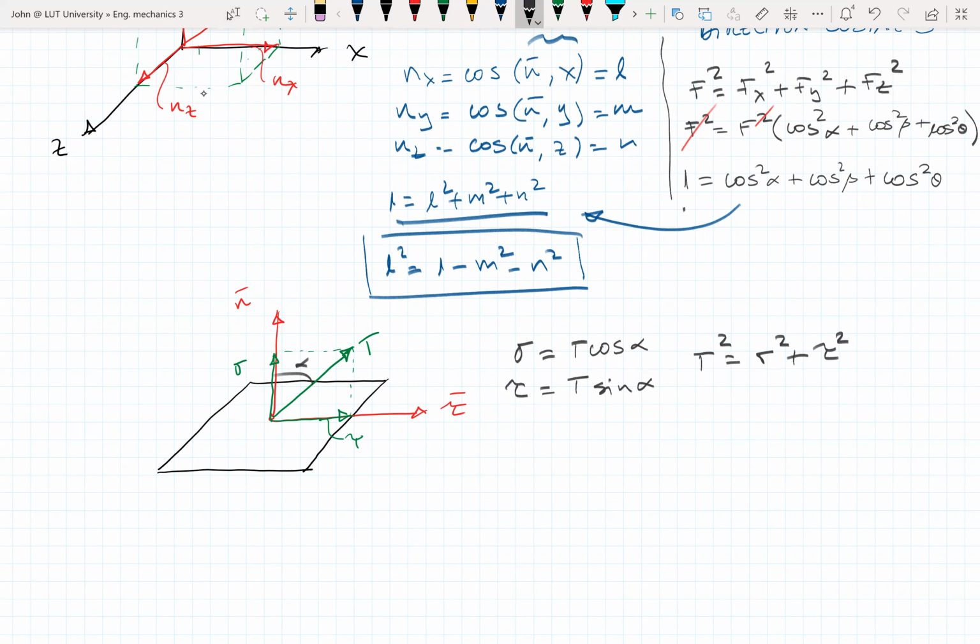Meaning that if I have any of those two terms in this equation, I would be able to find the third one.